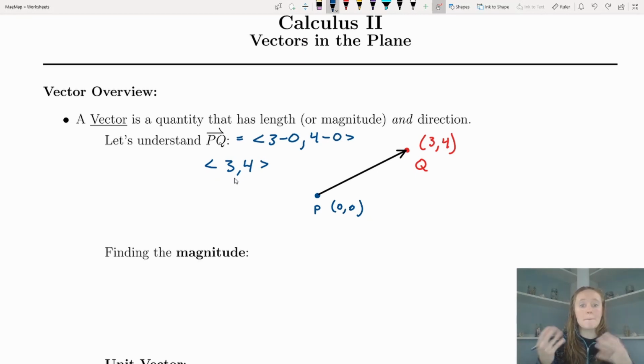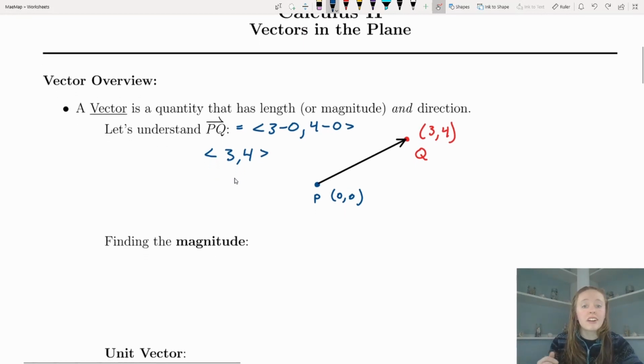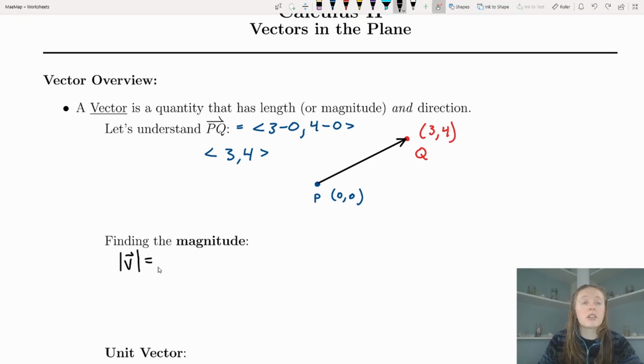What's its magnitude? Well, that's a formula, and the formula is that the magnitude of some vector v is equal to each of the vector components squared, summed together, and the square root of that sum. So the square root of v1 squared plus v2 squared.